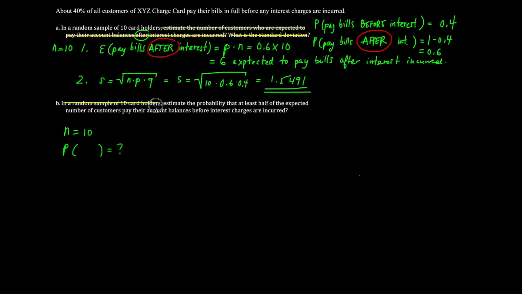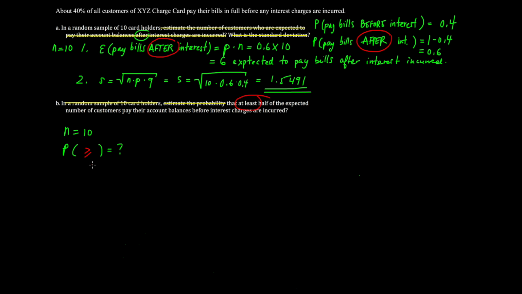Okay, so I'm going to cross it off as I go. So I have this part of the question is good. I want to estimate a probability. That's good. That at least half, okay, at least we know is going to be greater than or equal to. Okay, now side note, all these little vocabulary cues you should know: greater than, at least, greater, more than, more, all these little verbal cues you should know, and you should know their mathematical symbol equivalent, okay?